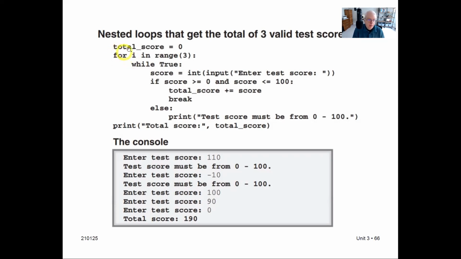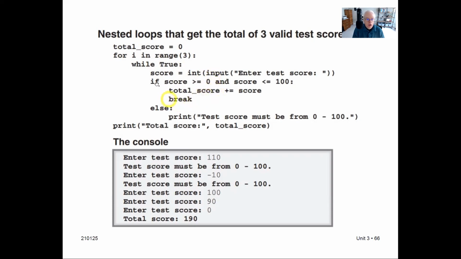And total score is going to equal 0. And for i in range 3, we'll go through this while loop. Interesting. So while True, this is pretty much the same code that we saw last week for entering test scores.